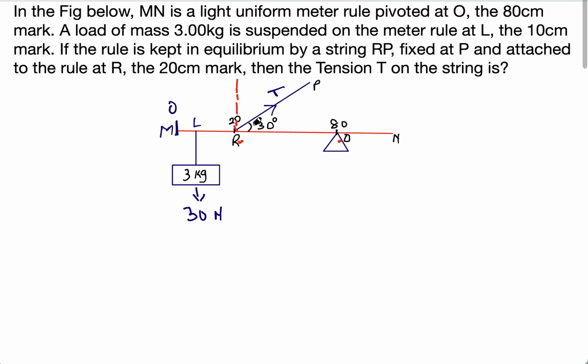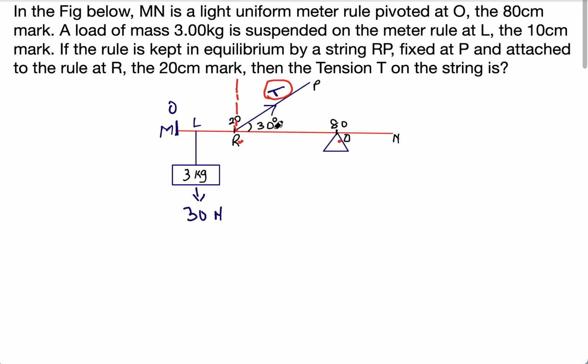Now, the angle made with the horizontal is 30 degrees. If an angle is made with the horizontal by a vector and you want to find the vertical component of such a vector, all you have to do is multiply the magnitude of the vector, which will be T in this case, by the sine of this angle. That is the rule.